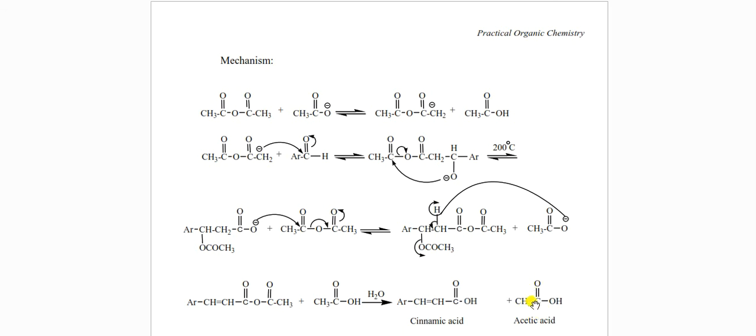That's why we call it Perkin condensation, because we release a small molecule like acetic acid. So our final product is cinnamic acid, an alpha beta unsaturated carboxylic acid, and the small molecule, which is acetic acid. We started with 2 moles of acetic anhydride, and with benzaldehyde as an aromatic aldehyde in the presence of potassium acetate, an alkali salt.